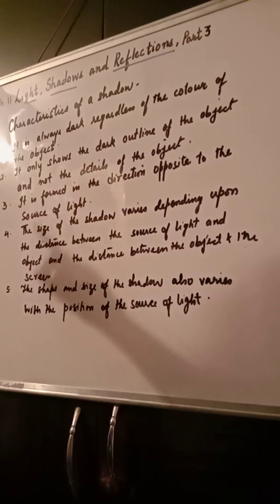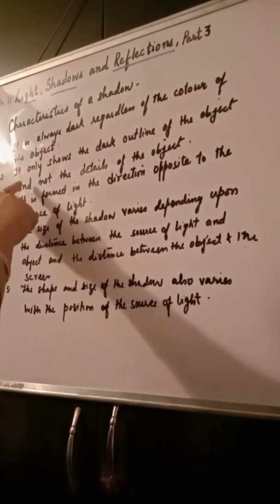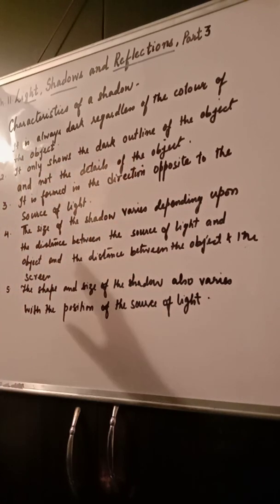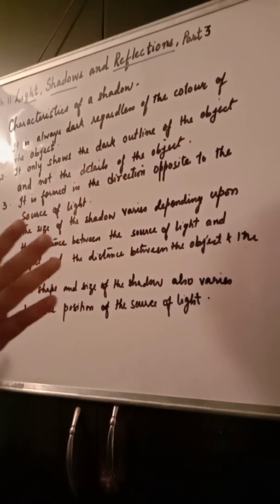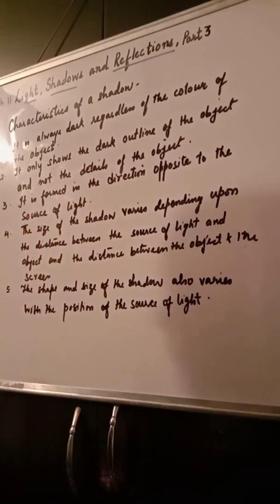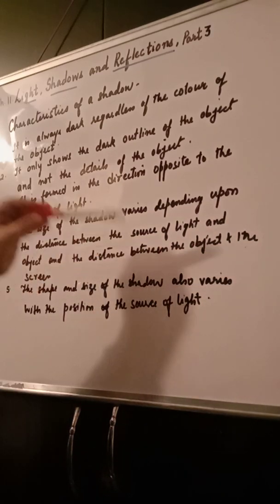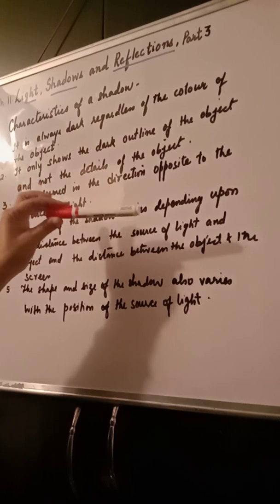Okay, and the second point, it only shows the dark outline of the object and not the details of the object. Means no detailing, only the shadow is going to show you the outline of the object and not the details. Right now I have a marker in my hand, right? Can you see?